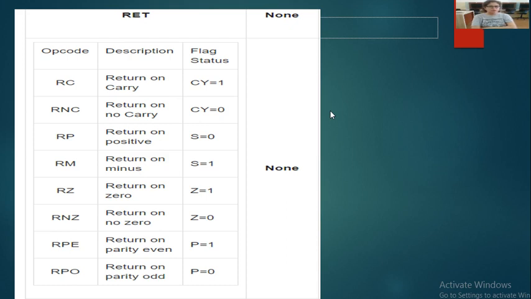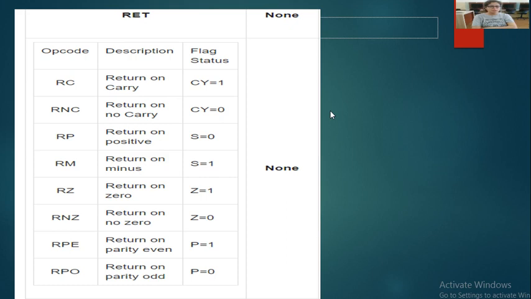Next instruction of this group is RNC. RNC stands for return no carry. Return if there is no carry. In that case, the value of CY is equal to 0. Carry flag remains 0. Third instruction is RP. Return if positive. Return if the result is positive.